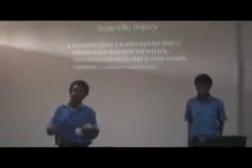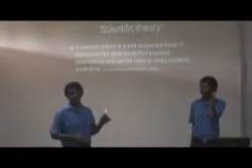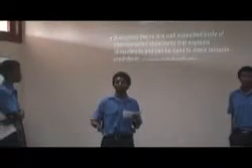In everyday use, scientific theory means a hunch or a guess which needs proof. However, in science, a scientific theory is not a guess or a hunch. It is a well-sustained, well-supported, and well-documented explanation for our observations.